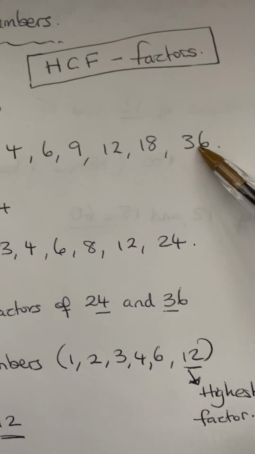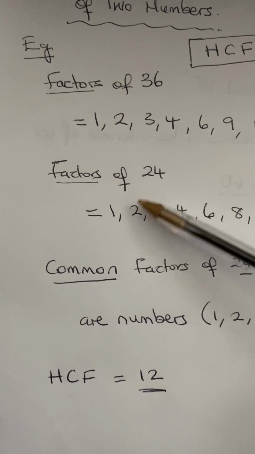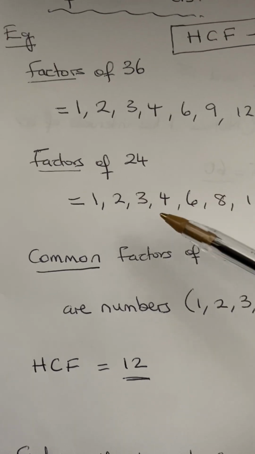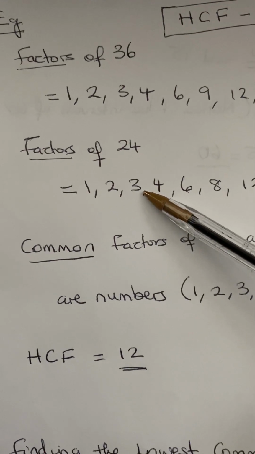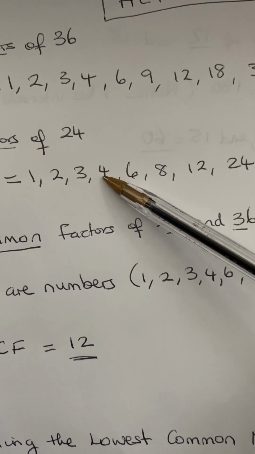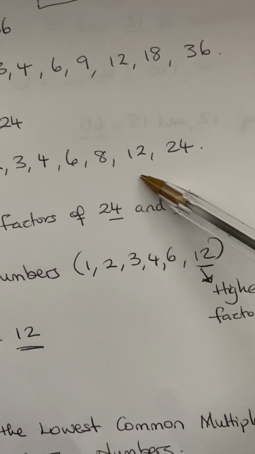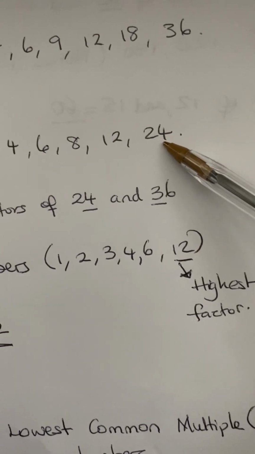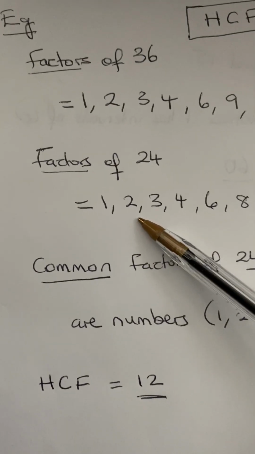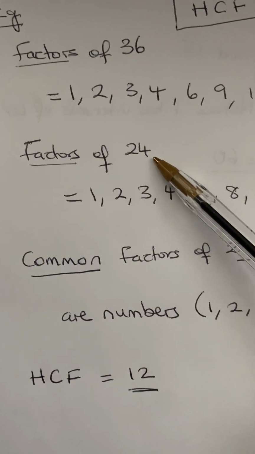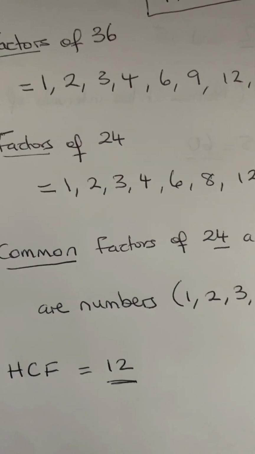Now, if we look at the factors of 24, we have 1, 2, 3, 4, 6, 8, 12, 24. All these numbers that we've listed can go into 24, and whatever answer you get is a whole number.